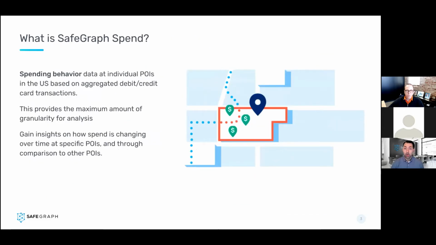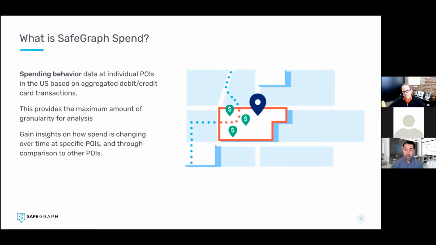So what exactly is Spend? To create this product, we're ingesting a large panel of debit and credit card transactions from thousands of financial institutions in the United States. Of course, all transactions are consumer permissioned and de-identified to preserve privacy. But transaction data itself isn't exactly new.